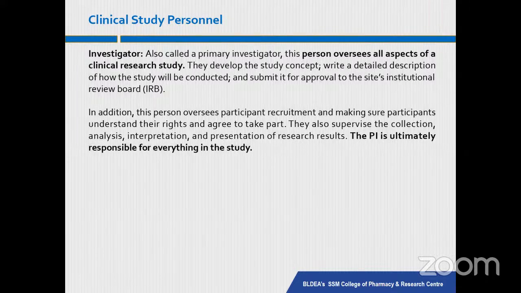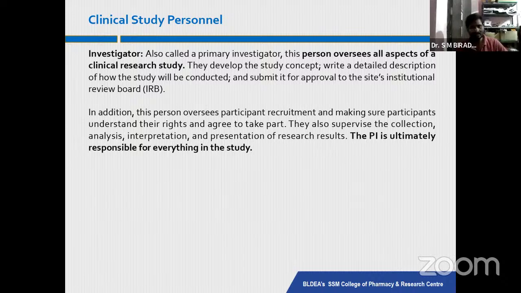In addition, this person oversees participant recruitment. He should also see to the recruitment of other people, because he knows what is happening in the clinical trial, whom to select, and what qualification or skill the participant should have. Investigators individually test the recruits and select them, making sure the participants understand their rights and agree to take part.